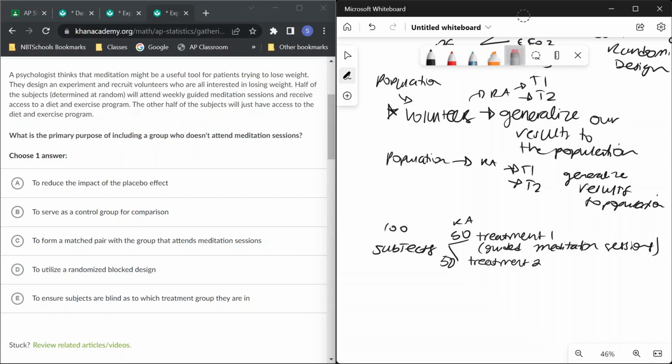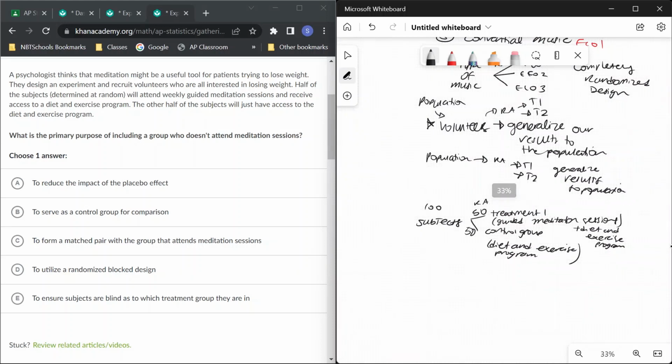Yeah, so I think treatment 2 is just the control group. So guided meditation sessions plus diet and exercise program. And then the control group is just the diet and exercise program. And then obviously at the end you would compare results.